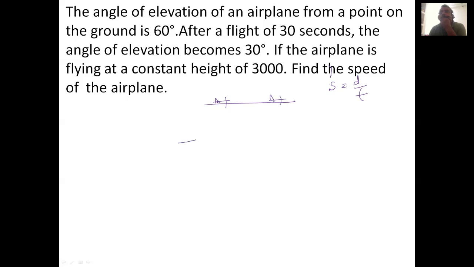So a person is observing on the ground. First it was 60 degree and then it became 30 degree angle of elevation. And the height is constant, that is 300 meter. So here again it will be 300 meter.